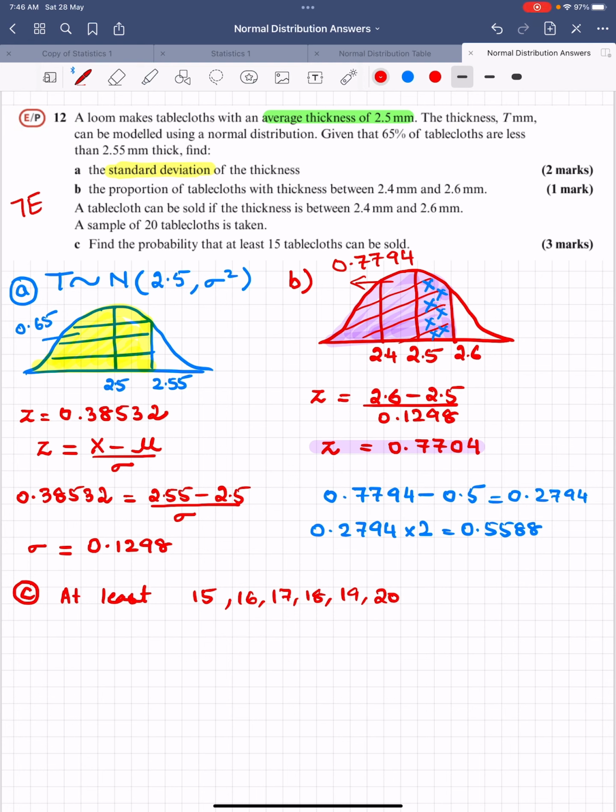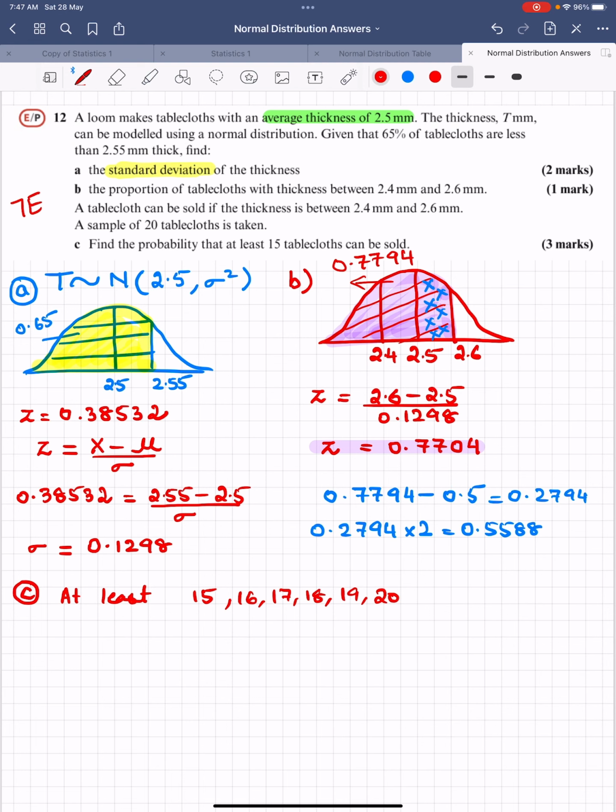That's a lot of probabilities to calculate, and to calculate it manually is very difficult. So now we will be using a calculator, but on the calculator we will find the probability of what we do not require. We want the probability of at least 15 tablecloths being sold, which is 15 onwards till 20.